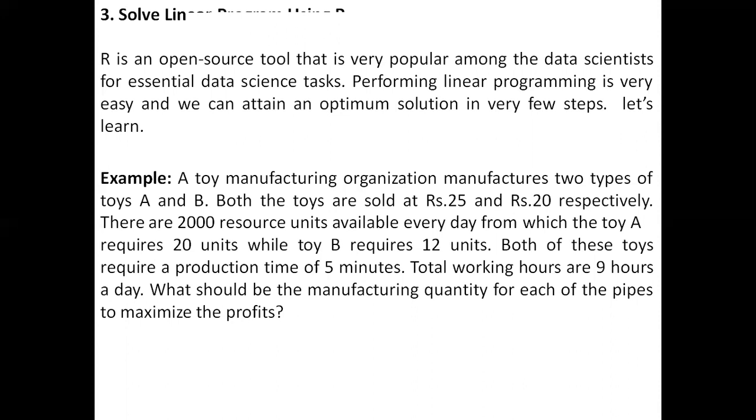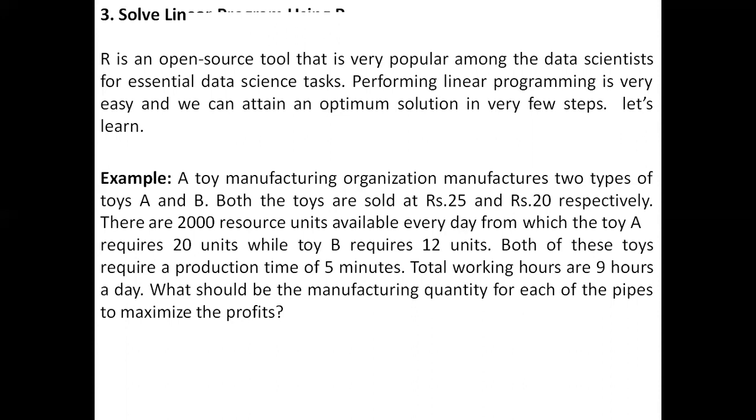All right, and we'll be moving with a simple example. A toy manufacturing organization manufactures two types of toys, that is toy A and toy B. Both are sold at rupees 25 and rupees 20 respectively.